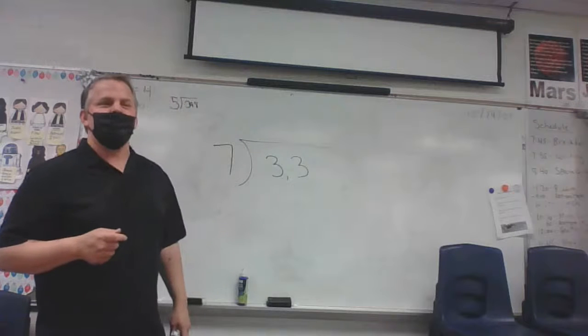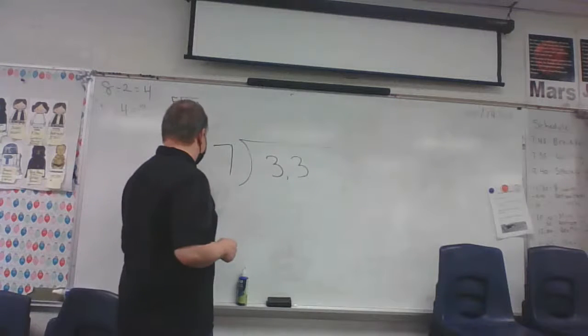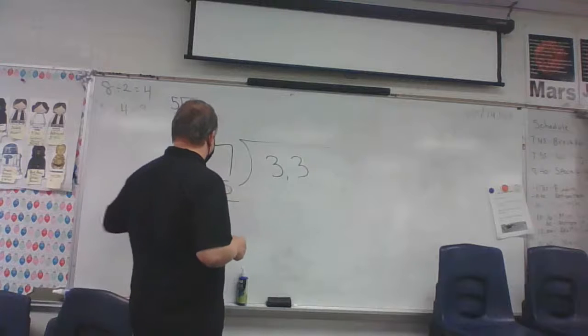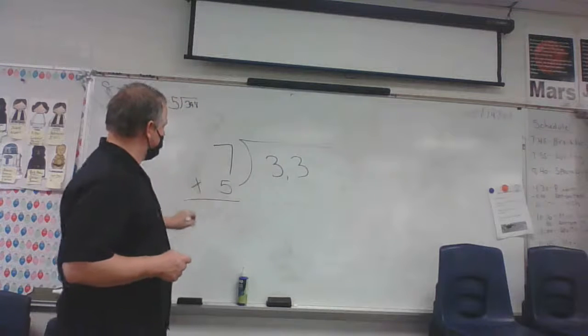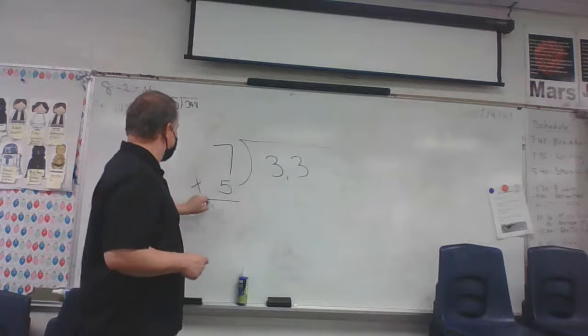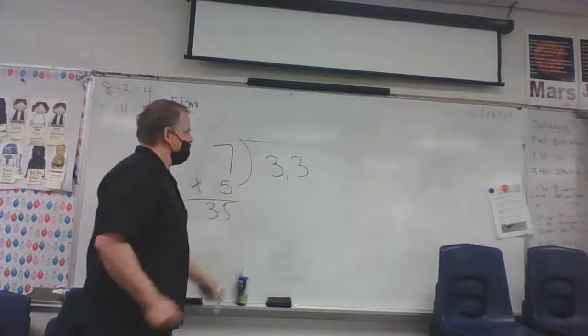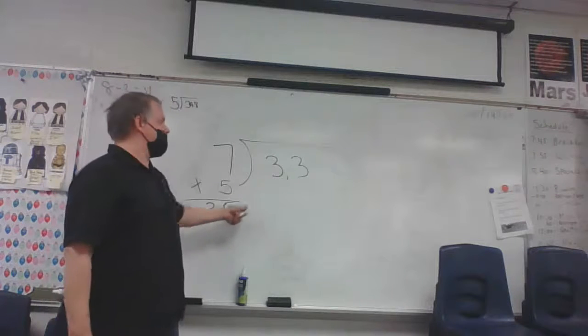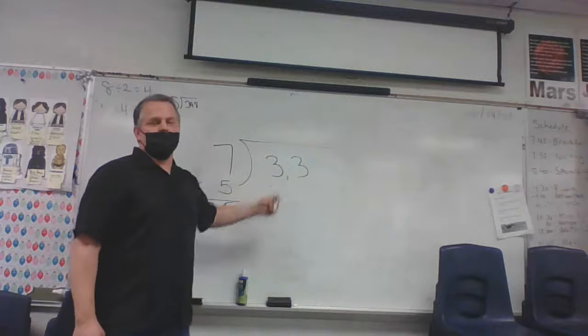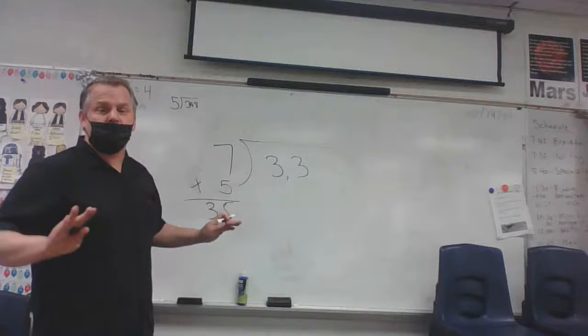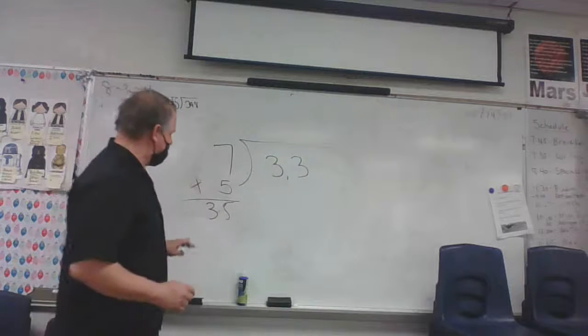Give me a number. 5. Let's try that. 7 times 5. If I count by 5 seven times, I'm going to get 35. This number cannot be bigger than 33. But that was an estimate, a great way to estimate. We're almost there.